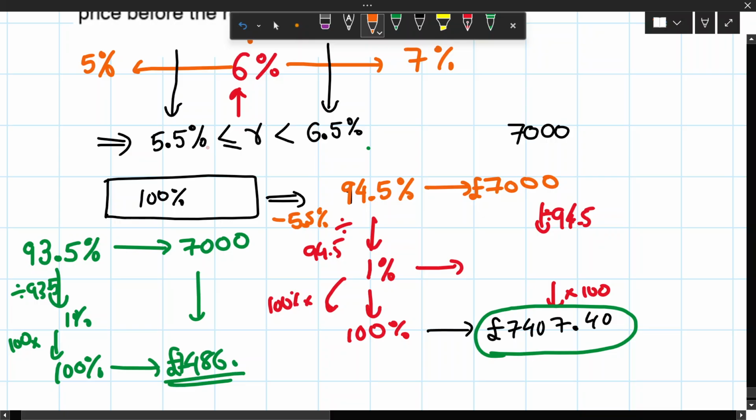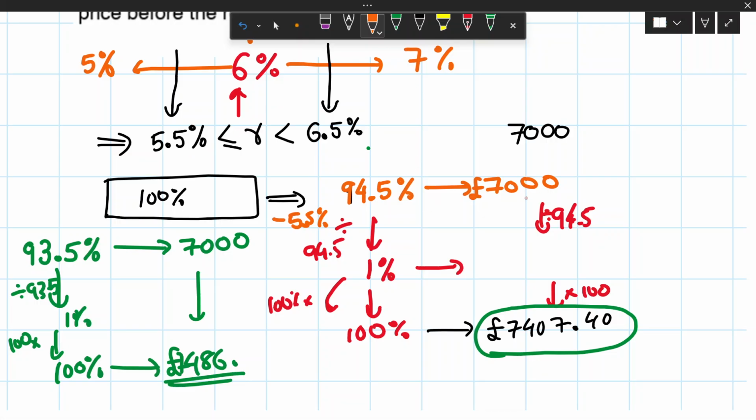First I did 5.5%: I bought the car at a 94.5% value, which means the original price was 7,407. Then I did a 6.5% reduction, which means the original price was 7,486. So the lowest possible value was 7,407. That was a good question.